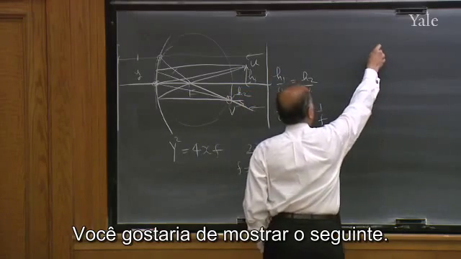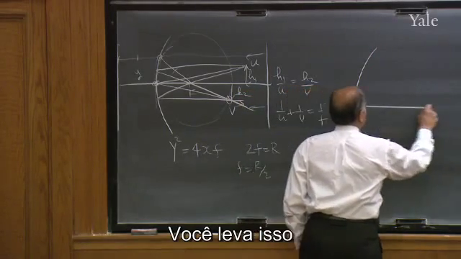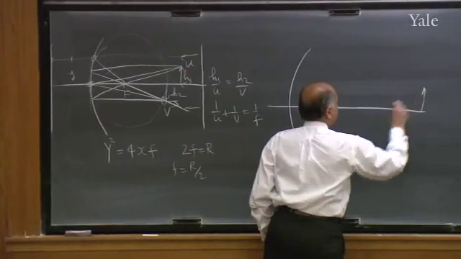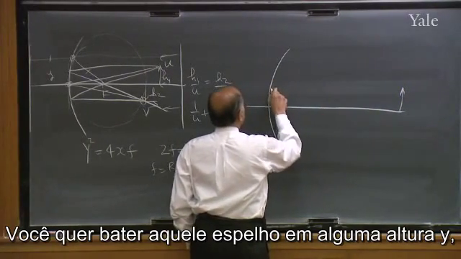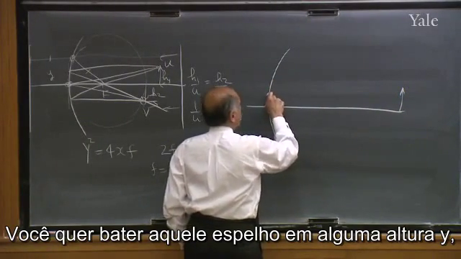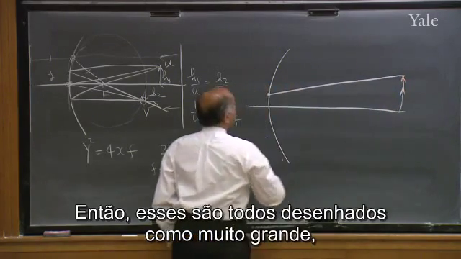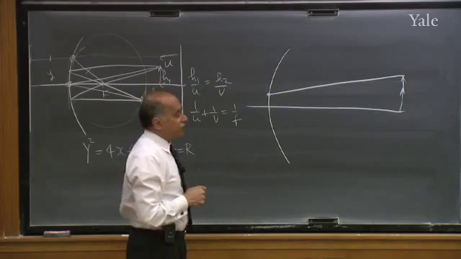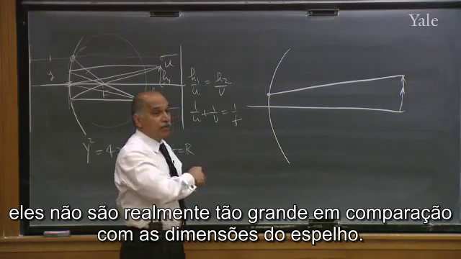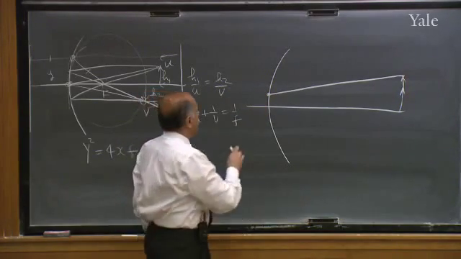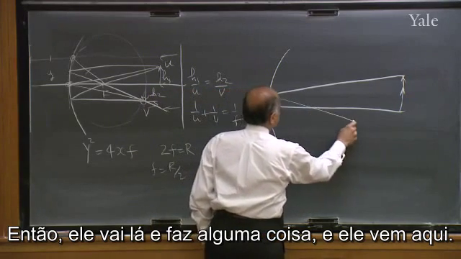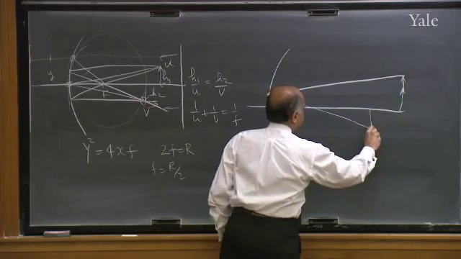You take this here. You want to hit that mirror at some height y. Let me make it bigger. These are all drawn as very big so that you can follow them. But the understanding is they are not really that big compared to the dimensions of the mirror. So it goes there, and it does something, and it comes here.